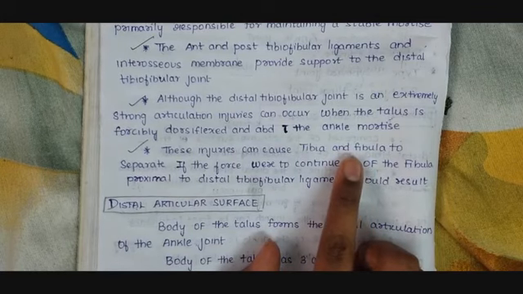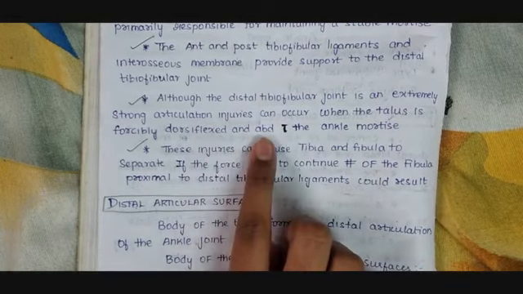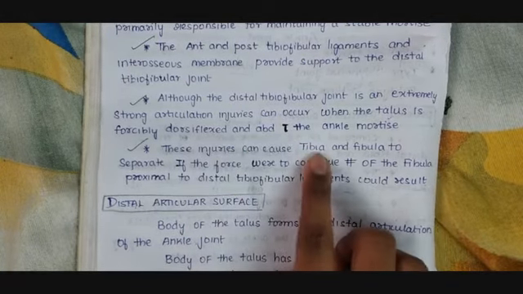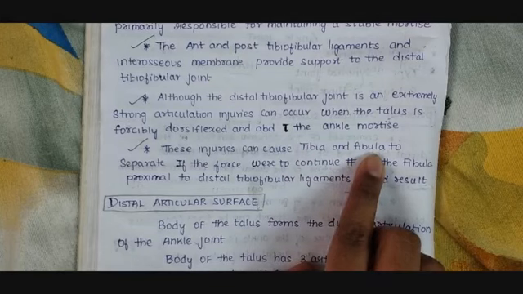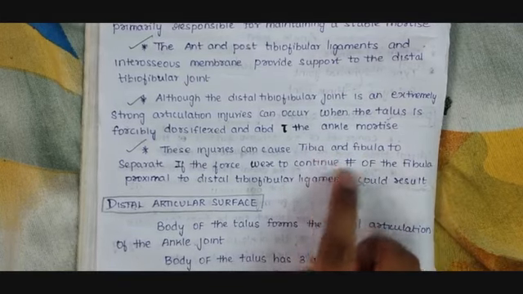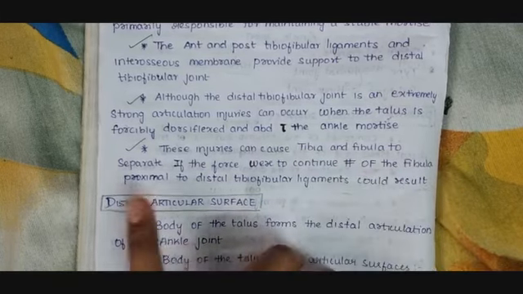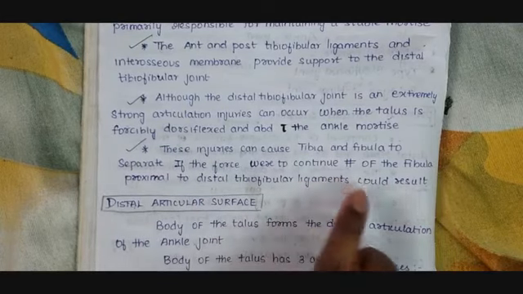But if this force continues, if the talus is continuously and forcefully dorsiflexed and abducted even after the separation of the tibia and fibula, there is more chance of a fracture of the fibula proximal to the distal tibiofibular ligaments.